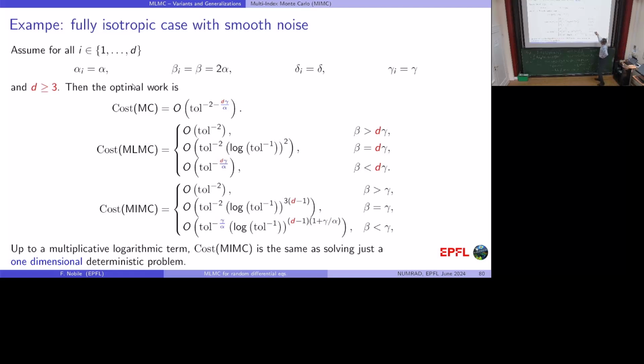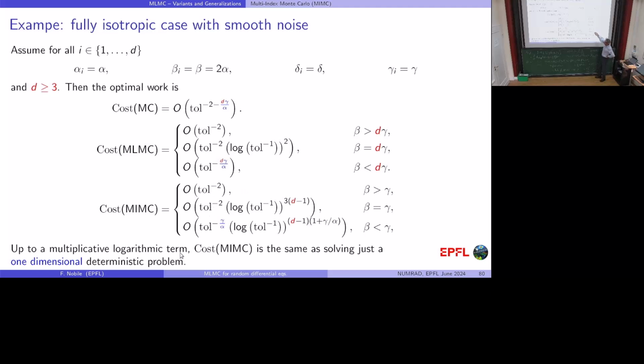It gets a bit messy and complicated, but the main difference is that you remove this d in the classification. So you have many more cases where you fall into the optimal epsilon to the minus 2.